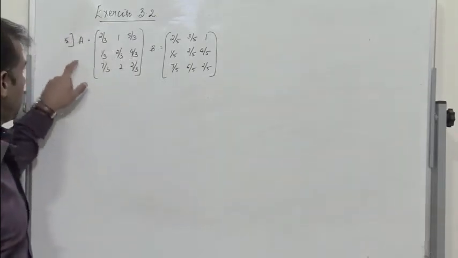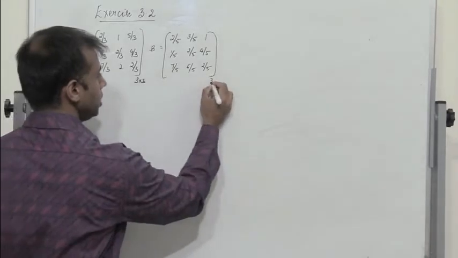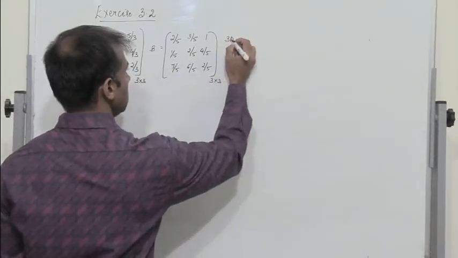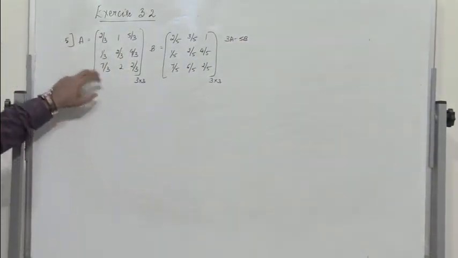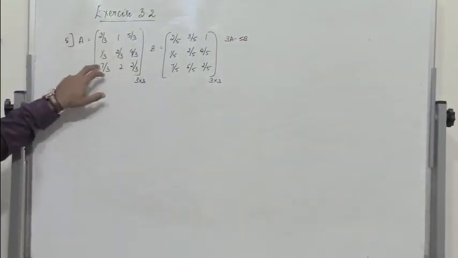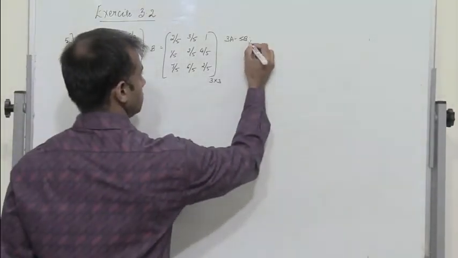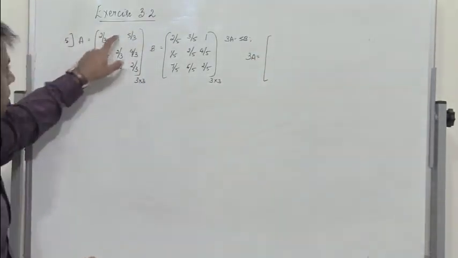So given problem 5, we have two matrices A and B, both of order 3 cross 3. So we need to compute 3A minus 5B. Right? So what is 3A? I need to multiply all the elements of matrix A with 3. So I multiply all the elements.